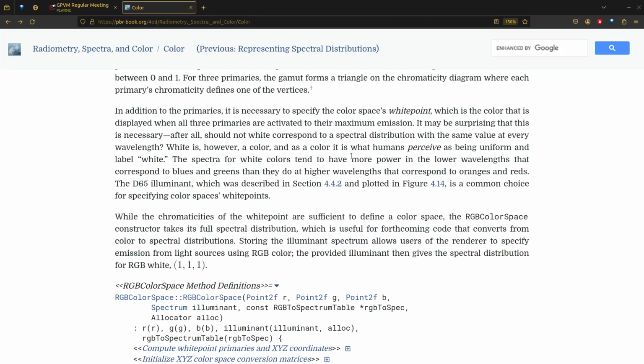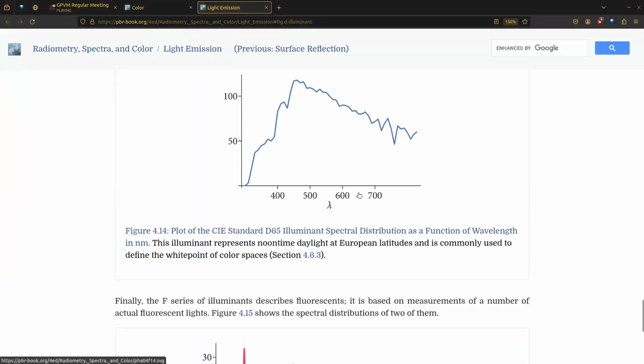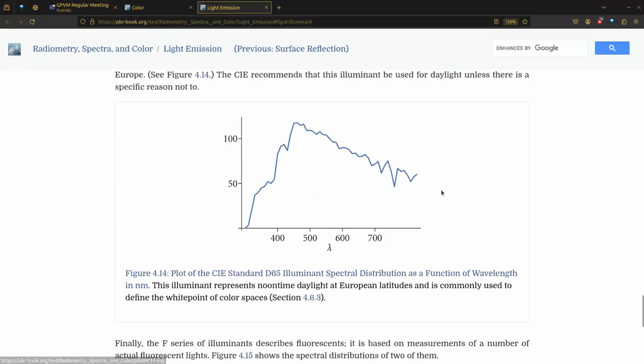Spectra for white colors tend to have more power in the lower wavelengths, which correspond to blues and greens, than they do at higher wavelengths that correspond to oranges and reds. The D65 illuminant, which is described in 4.4, is a common choice for specifying the white point. Okay, so it's a certain distribution of wavelengths that it's white, I guess.